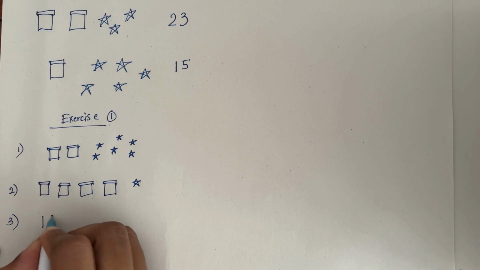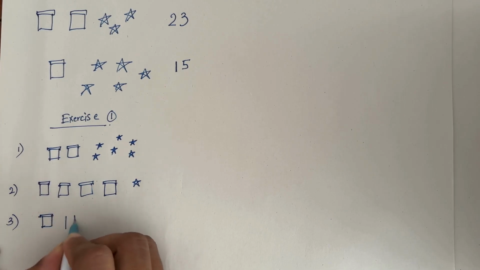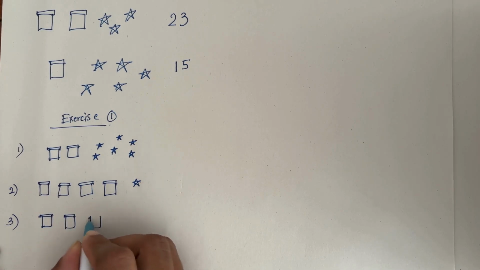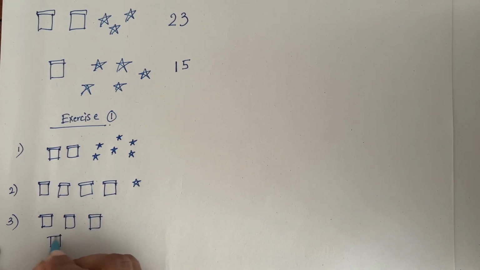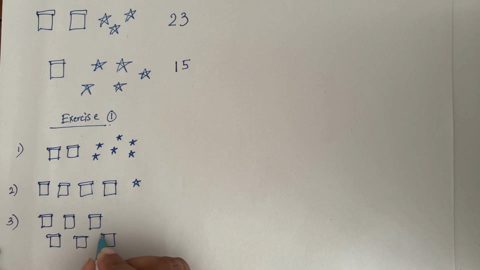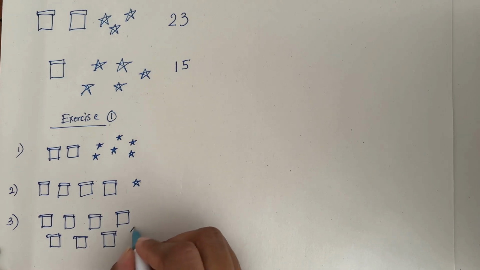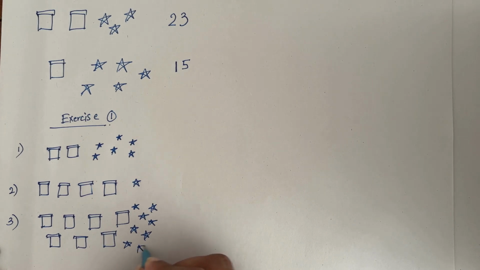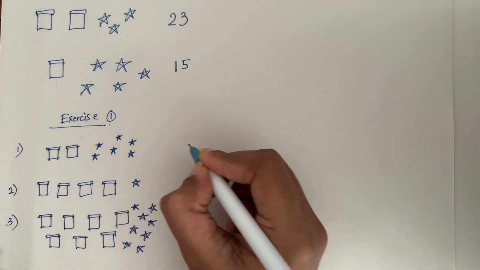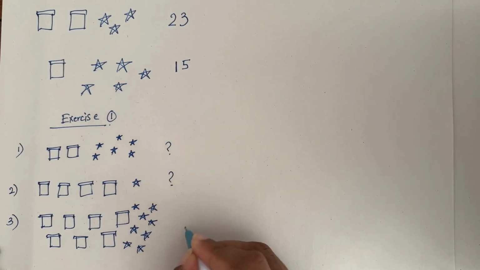Here we have 7 boxes and eight stars. You have to write down the value represented by each set.